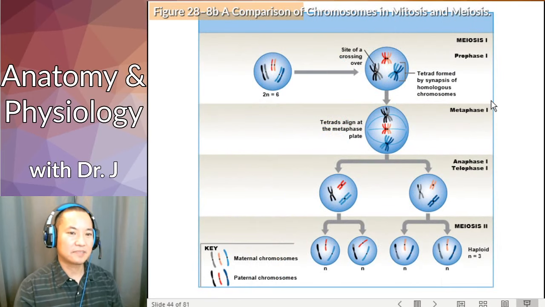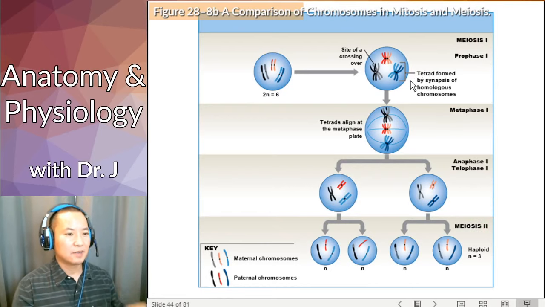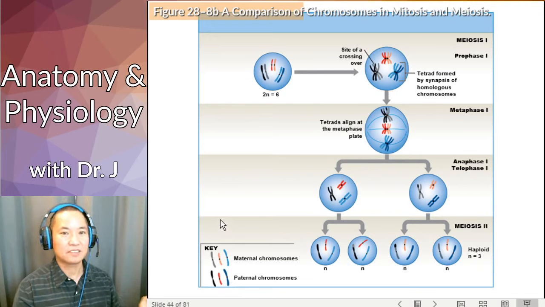Now this is the other type of cell division, meiosis. What do you notice here? Don't worry too much about the difference between meiosis 1 and meiosis 2 at this point. In PHYL 142, we go more into detail about this, but at this point, what I want you to compare are the parent cells and the daughter cells.